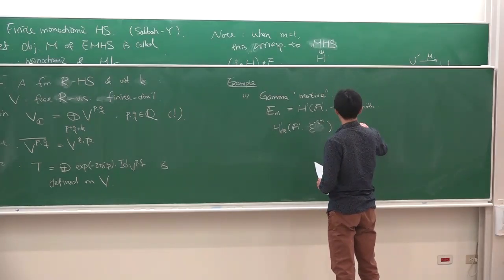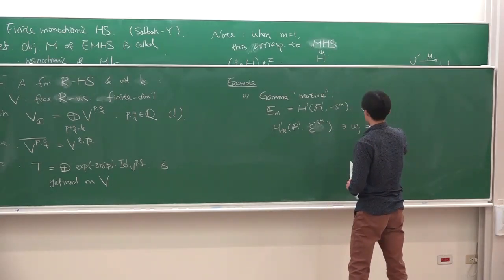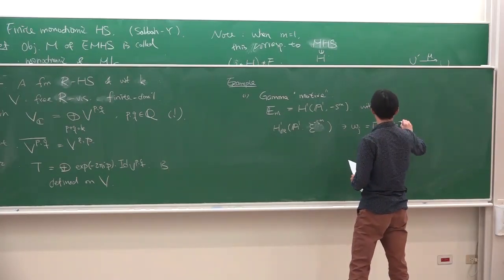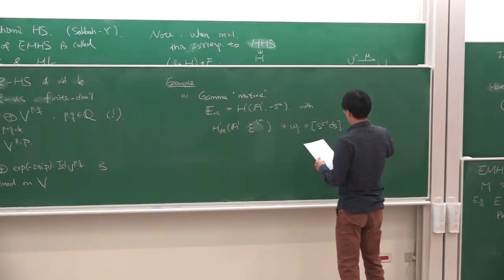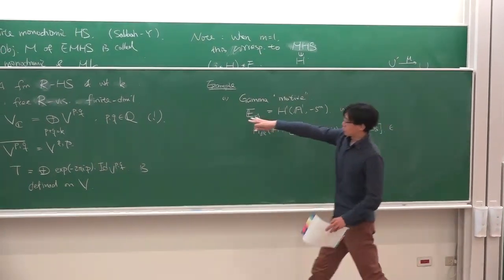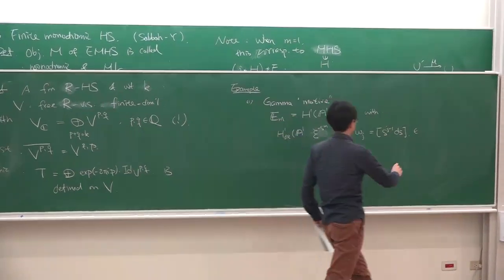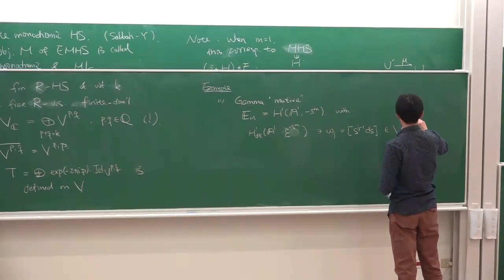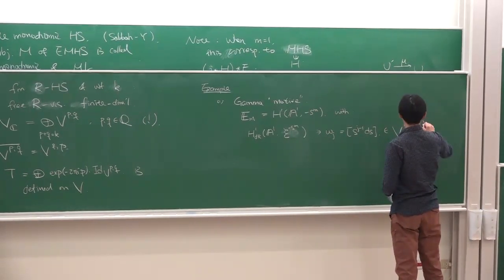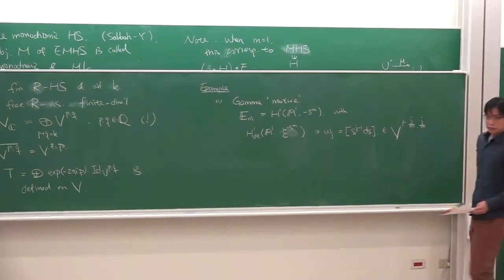I call this omega j, which is the class of s to the j minus 1 ds on A1. With respect to this decomposition, it lies in the Hodge degree 1 minus j over m, j over m.